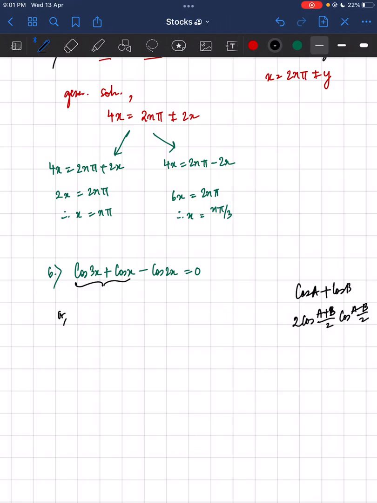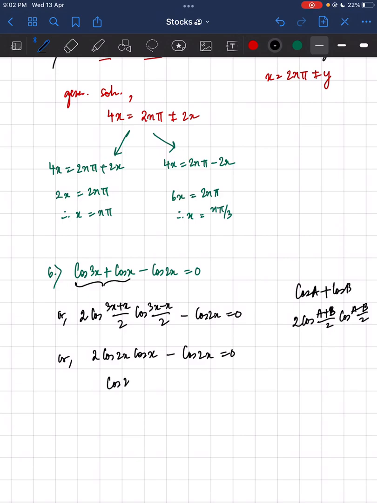So here I'm going to write 2 cos of 3x plus x by 2, cos of 3x minus x by 2, minus cos 2x equal to 0, or 2 cos 2x cos x, since 3x minus x is 2x and 2x by 2 is x, minus cos 2x equal to 0.